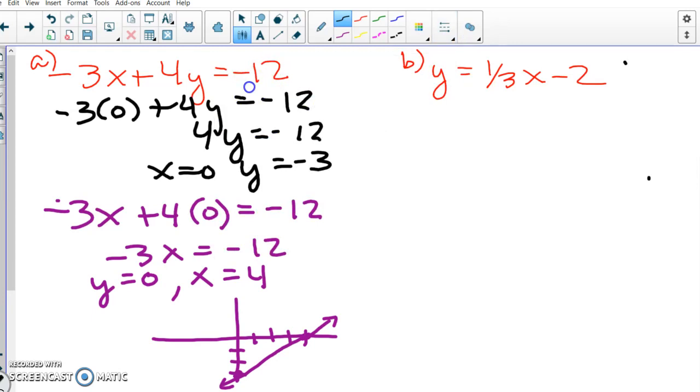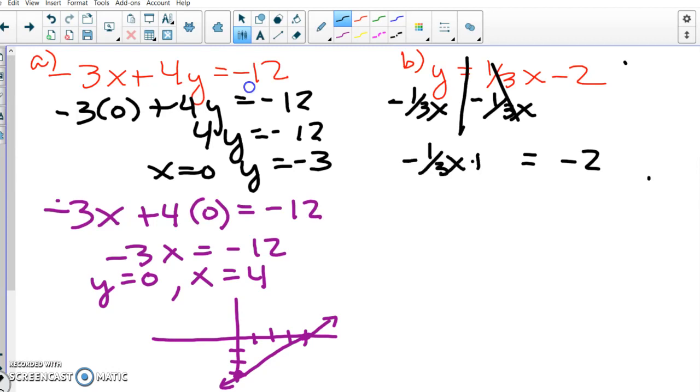One of the things they suggest in example 3 is to put this in standard form. So that means we're going to gather all the terms on the left side. 1/3 x. That leaves me with -2 over here. And I get -1/3 x plus y equals -2.